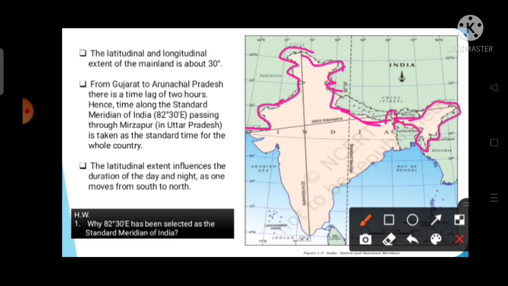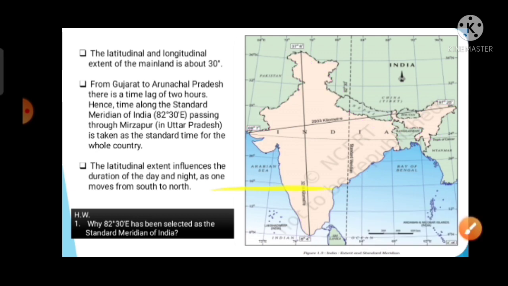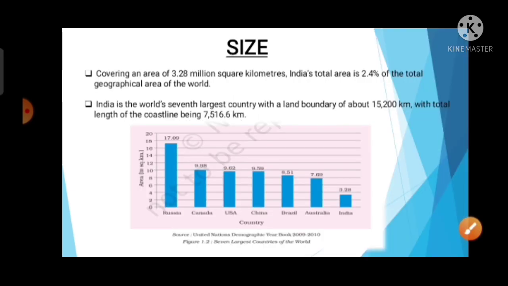Okay, always remember. And what is its coastline's length? Coastline is here from Gujarat coast. So coastline's length is 7,516.6 km. Okay. So always remember the largest countries of the world. Okay, Russia, Canada, USA, China, Brazil, Australia, and then India.